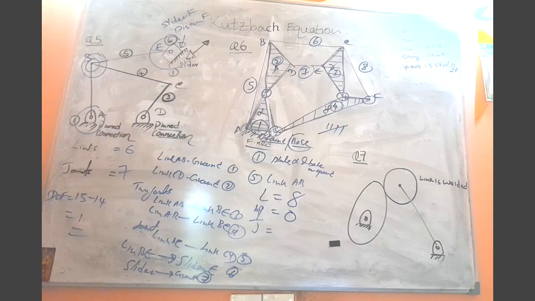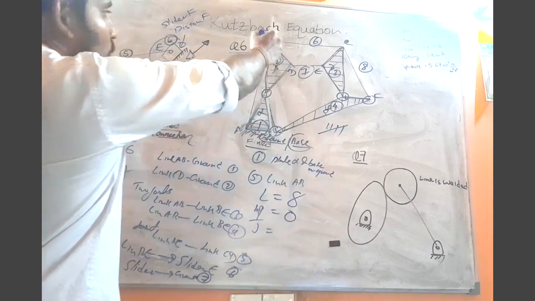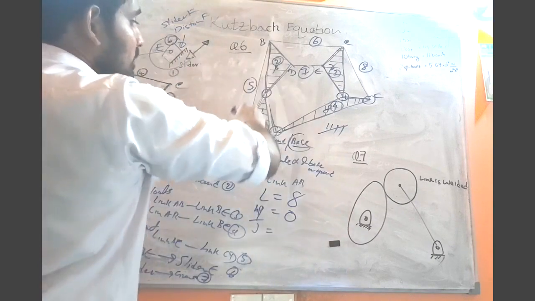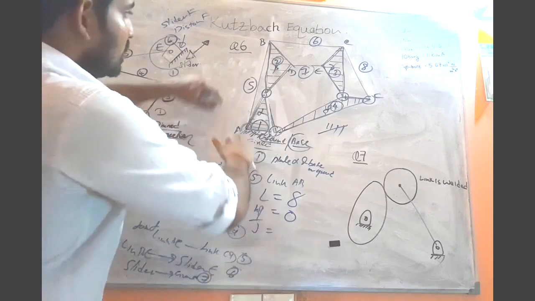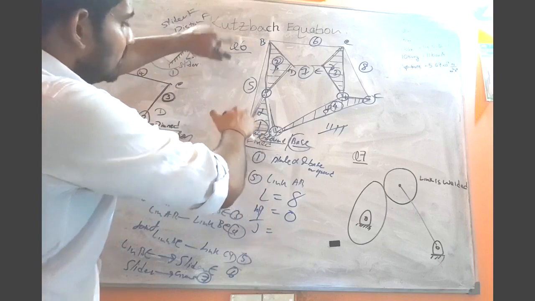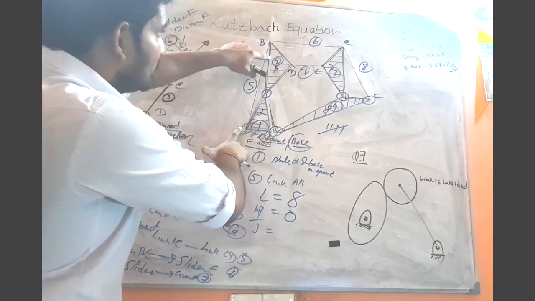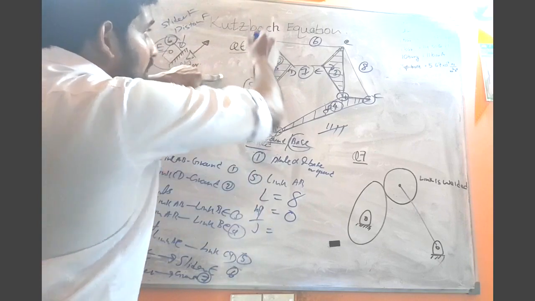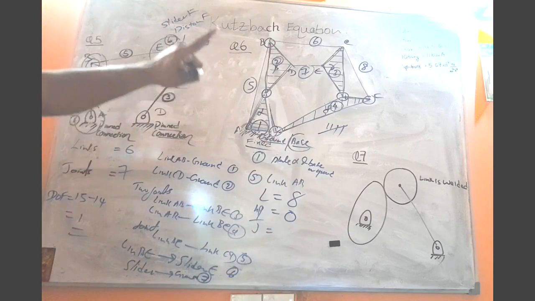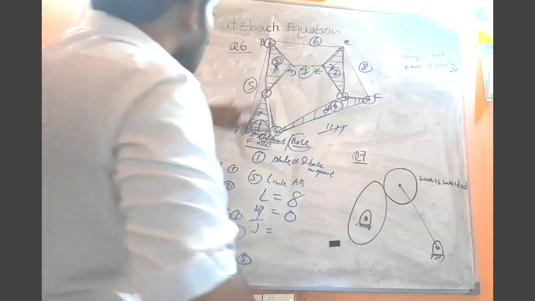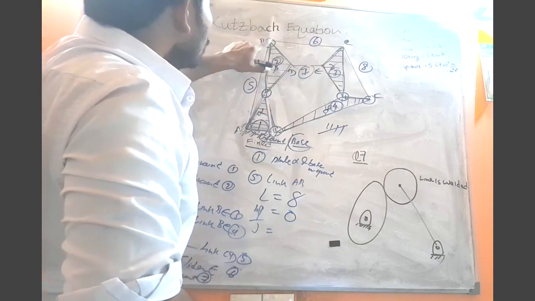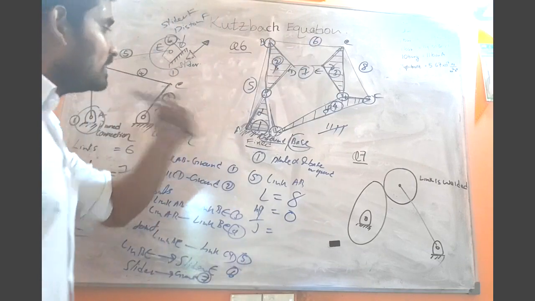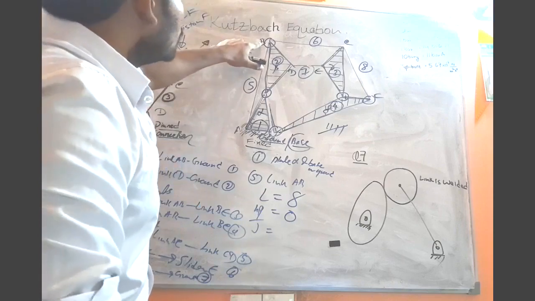Now be very careful. Here there is a joint that connects the link AB to plate beta. So one joint. And there is another joint that connects the link AB to link BC.